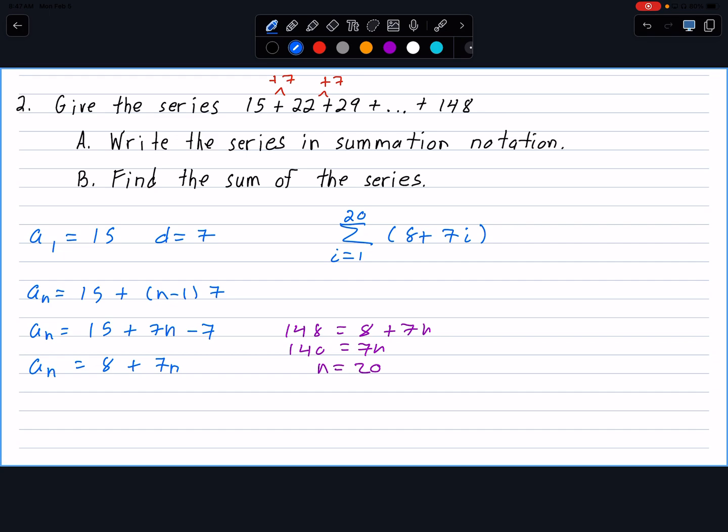Questions? Do you always have to write the sideways M thing on top? What does it help you with? Yes, for a summation, for a series, you do.